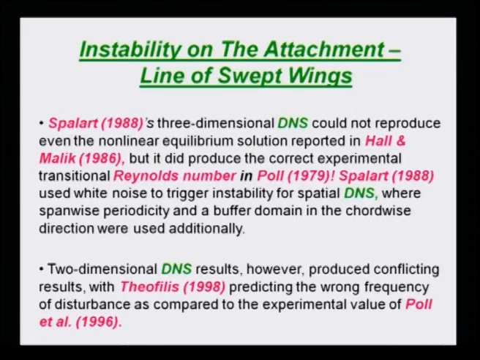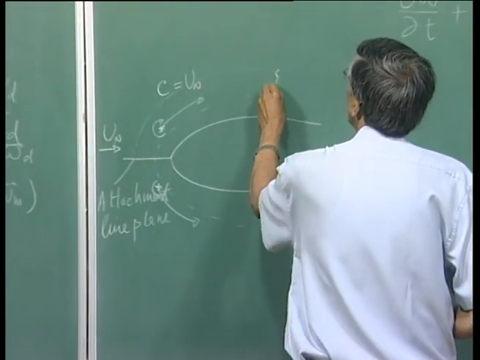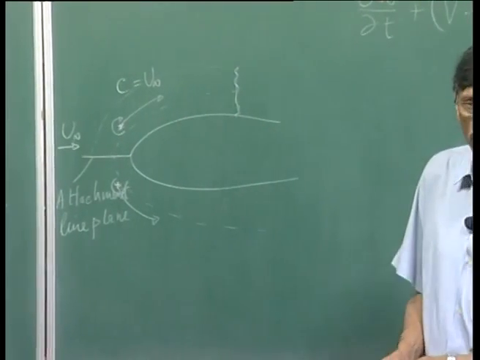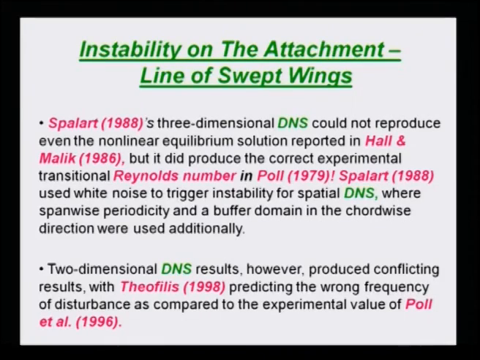In addition, there was a buffer domain used in the chordwise direction. So, basically if one is solving like this, there is a buffer layer at the outflow. That was what was done by Spalart. But unfortunately, it was not too successful. 2-dimensional DNS were performed by Theophilus, who predicted the wrong frequency of disturbances as compared to the experimental value of Paul et al.